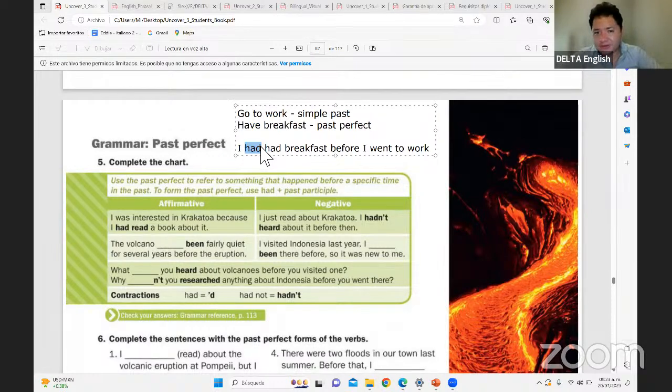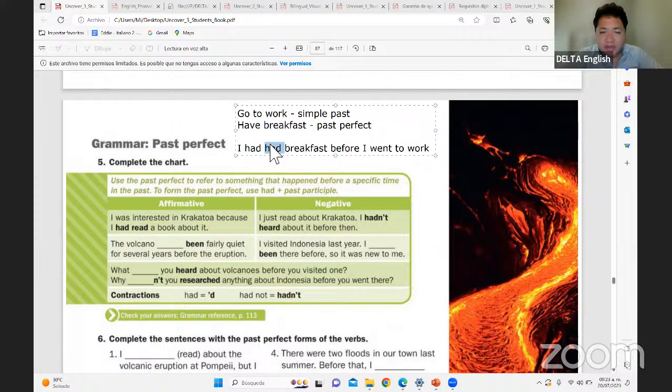That's the past perfect, okay? So you use have because it means the auxiliary verb. In the second half, cuando el segundo have es el verbo tener desayuno, desayunar, right? Porque saben que para decir desayunar necesito utilizar have breakfast, okay? So in this case, had breakfast, all right?